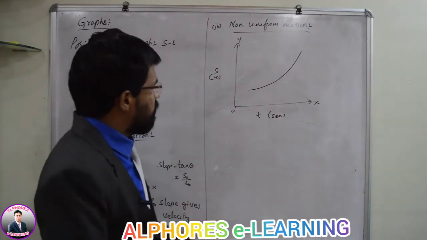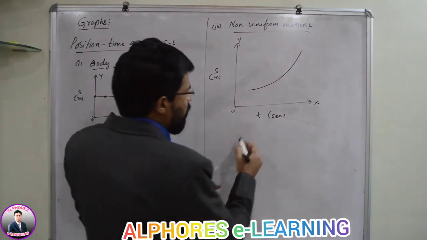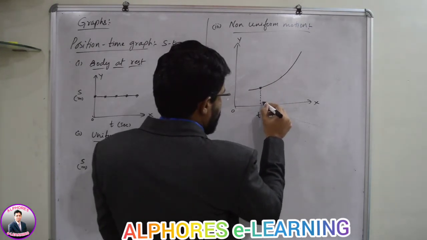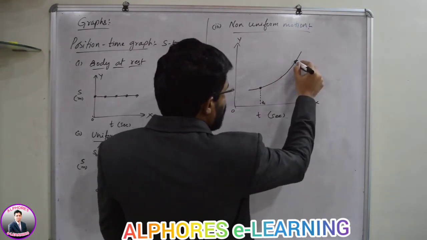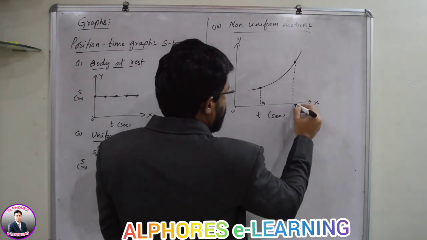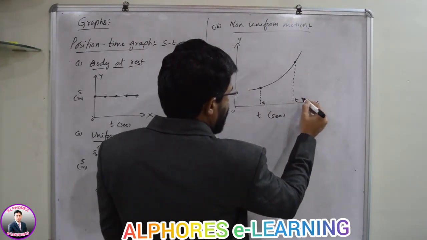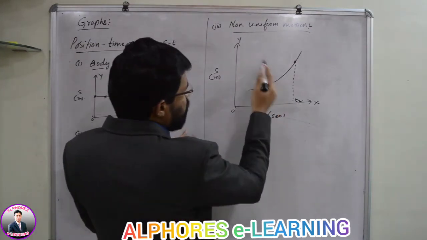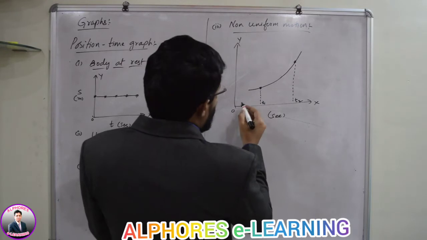Even here, I'll consider two time intervals. Let us say corresponding to this point time is t1. I'll consider one more point here, whose x coordinate is t2. Since this is a point in a two-dimensional coordinate system, it will have a y coordinate as well, right?